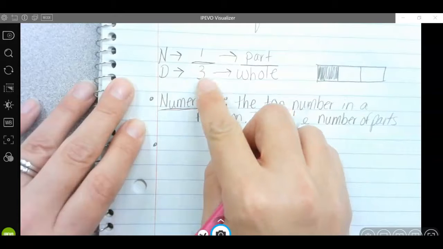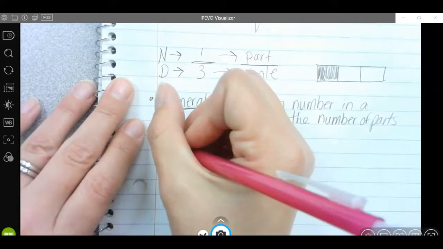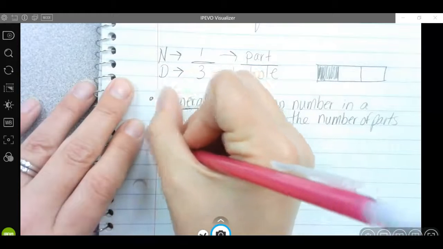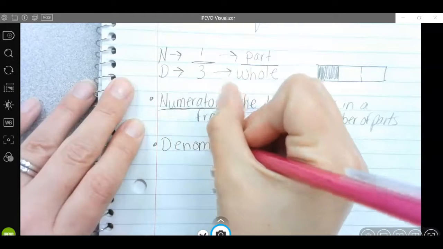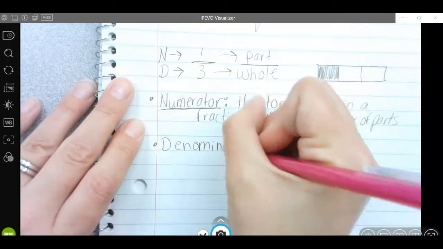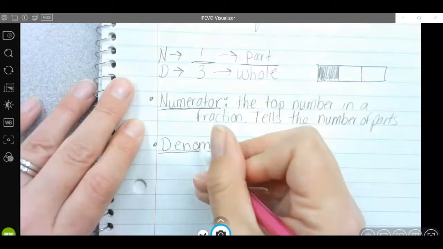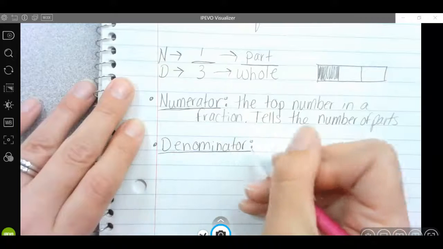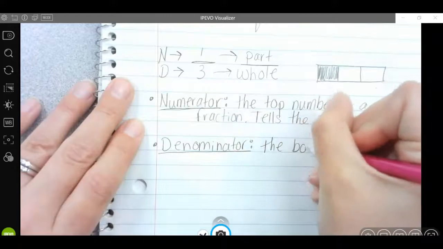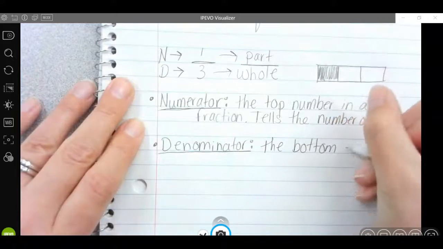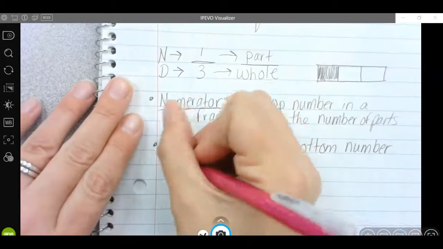And then the denominator, I always remember D for denominator as like down, right? It's the number that's down. This is the number that's up. So D down, that's called our denominator. So here's your vocabulary. Denominator, just making sure I have that spelled correctly. And that means it's the bottom number in a fraction.